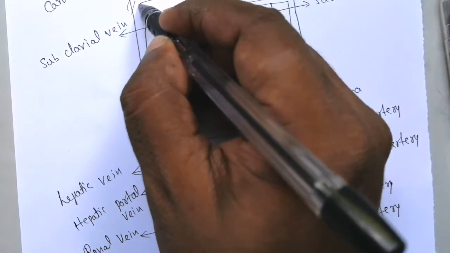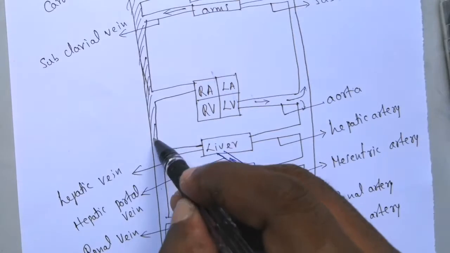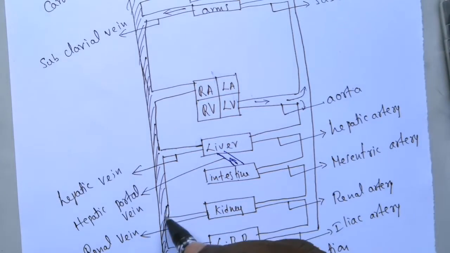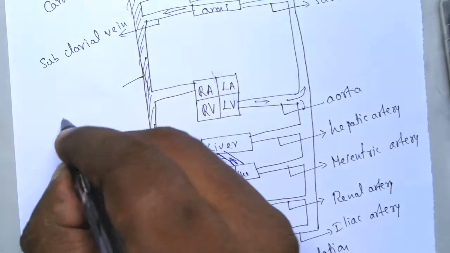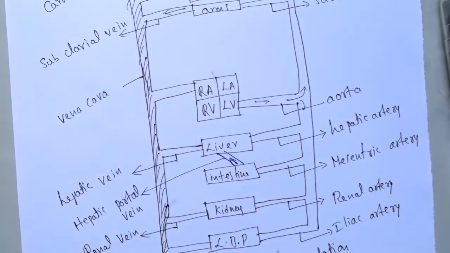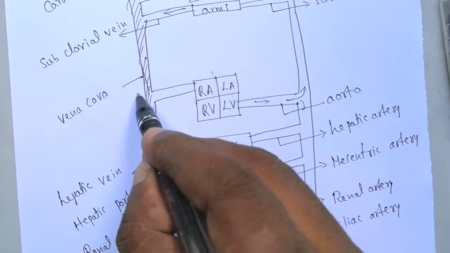The shaded area is vena cava. The vena cava is combination of superior vena cava and inferior vena cava.